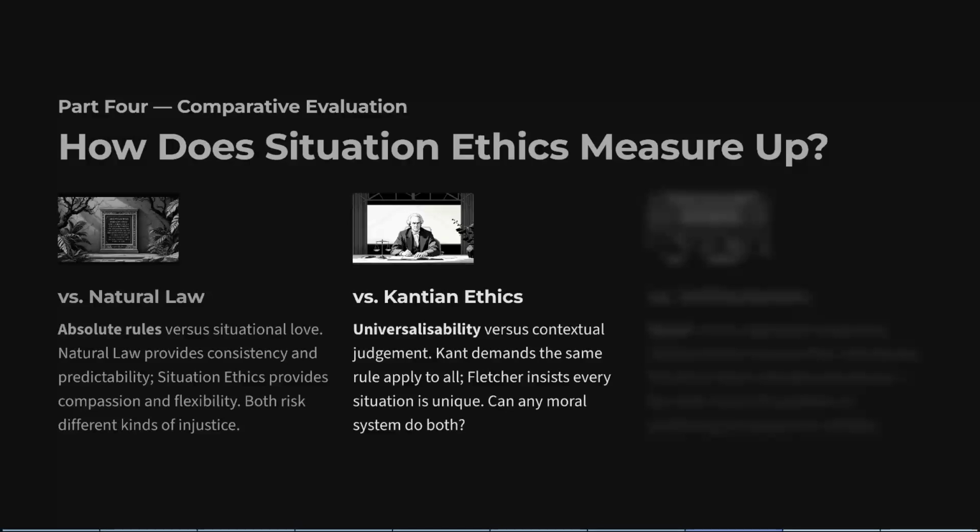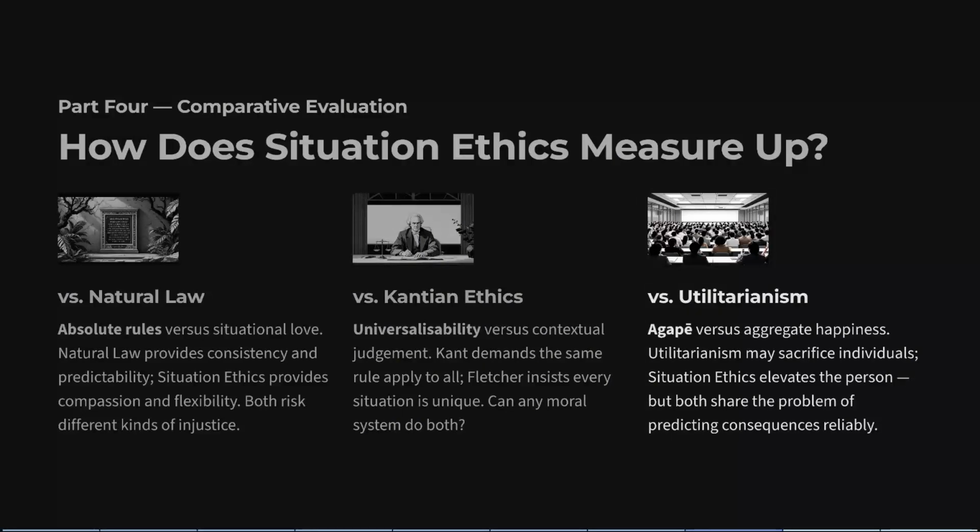Now, Fletcher insists every situation is unique, and this gives ethics compassion and responsiveness, but it makes systematic moral reasoning very difficult. The philosophical question is whether any moral system can achieve both universality and contextual sensitivity, and if not, which matters more?